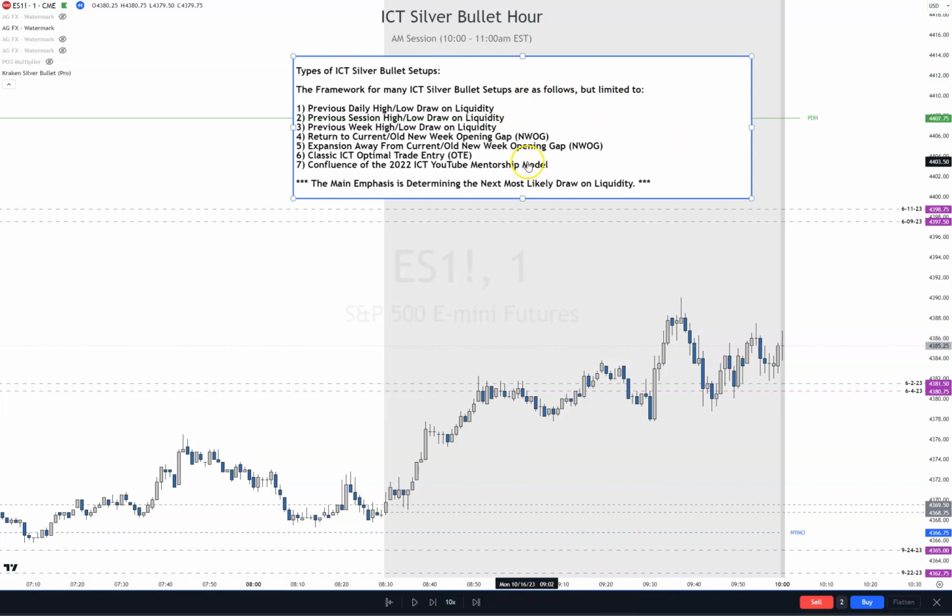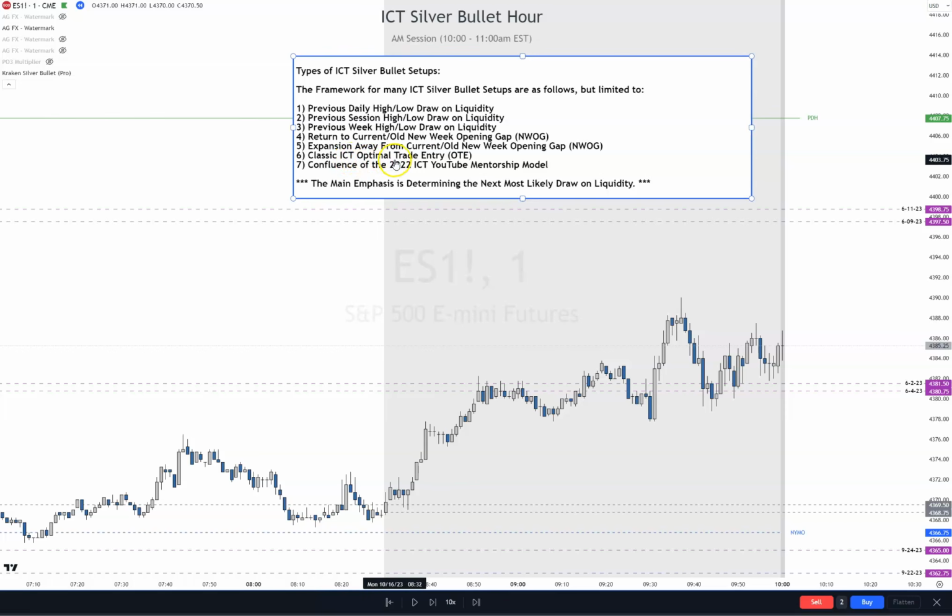The Silver Bullets I'm talking about are time-based, and these are the rules that he came out with when he did his first video. Okay, he says the framework for most of the ICT Silver Bullet setups are as follows. The main emphasis is determining the next most likely draw on liquidity. Okay, so it's either previous daily high or lows, previous session high or lows, previous week highs or lows, return to a current or old new week opening gap, or expansion away from a current or old new week opening gap.